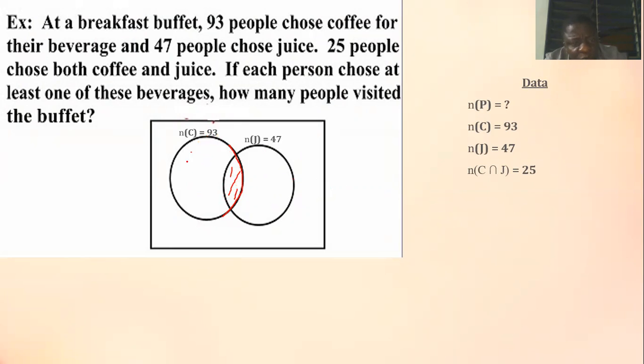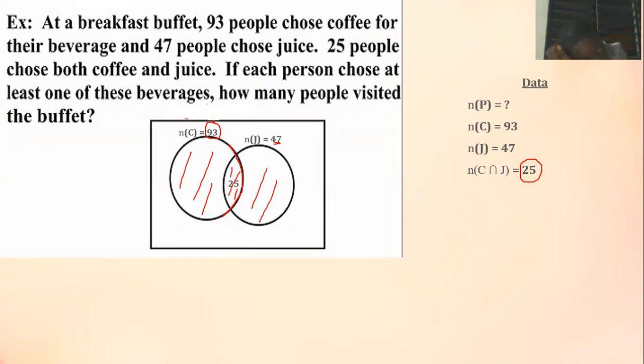So to know those who remain here, we must subtract those who like both coffee and juice from the 93 people. Then to get the number of people who like only juice, we must subtract this same 25, which is the intersection, from the 47 to get those who will be in only this region.